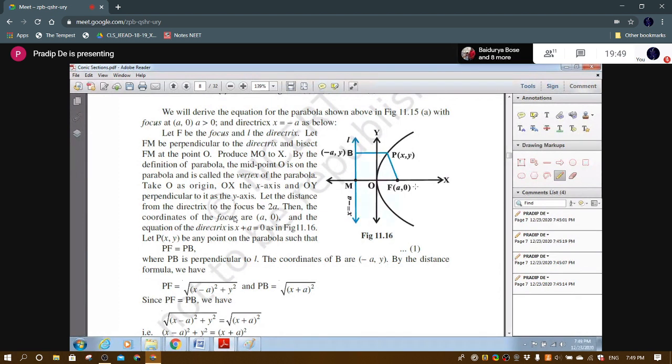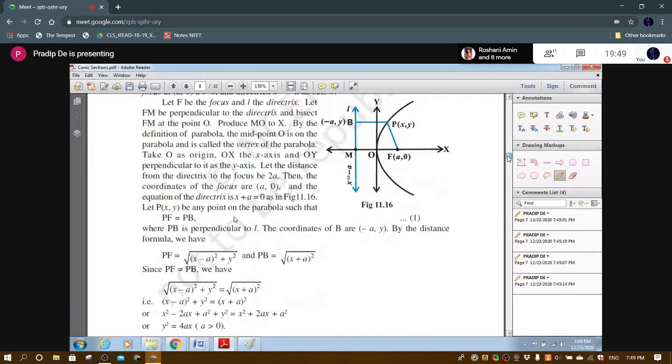Anyway, so we know the distance from the fixed point and the distance from the fixed line, PF and PB. Equate them. So here is PF and here is PB. As I said just now, equate them and square both sides. When you square both sides, the square roots are removed.